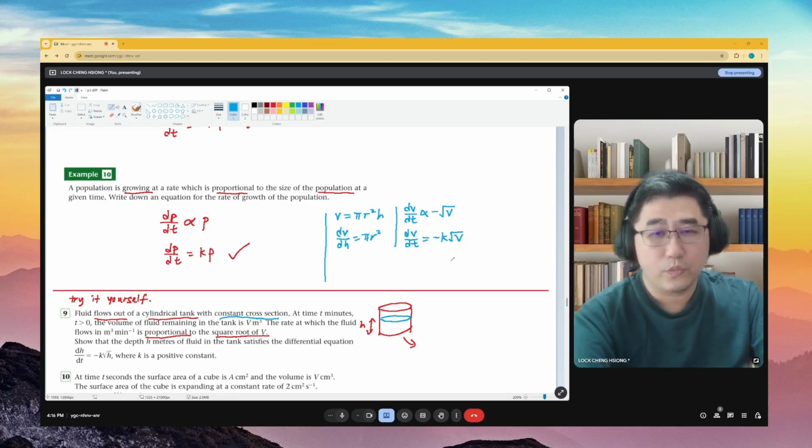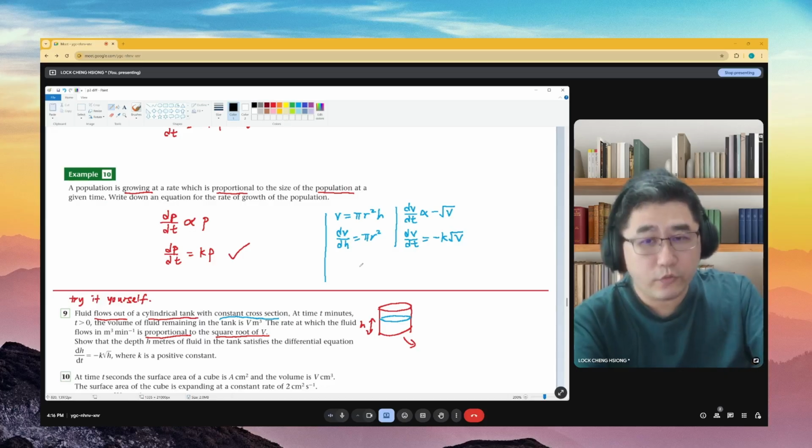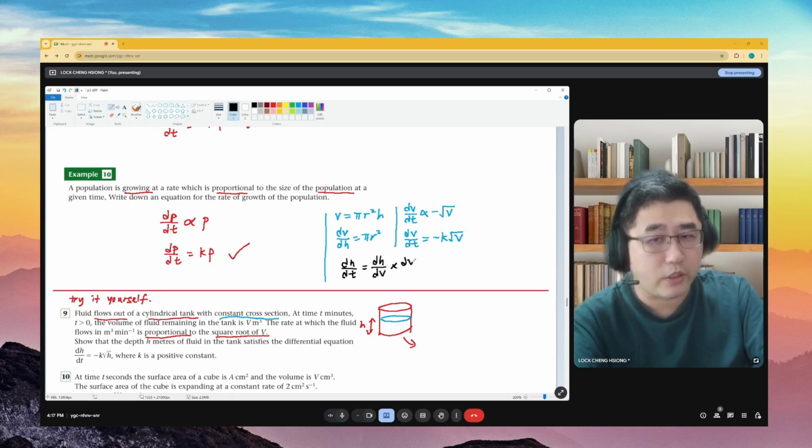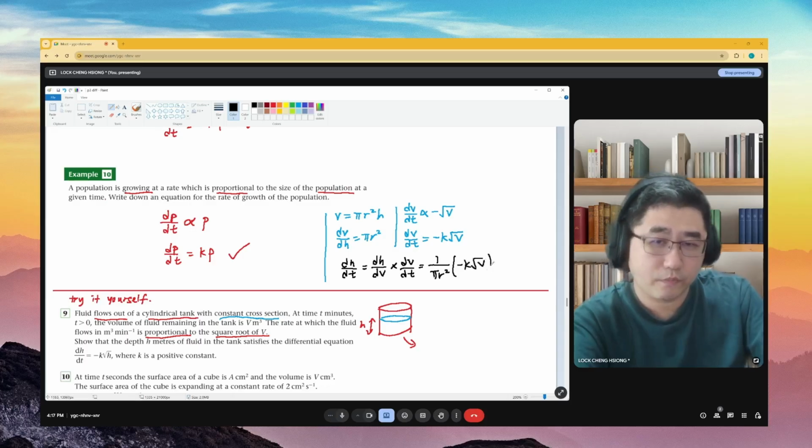Now the question is asking for dh/dt. So I use the chain rule. I have dh/dV times dV/dt. This is dV over dh, and this is dh over dV, so I put them upside down, and this one I put together like this: negative k square root V. V is pi r squared h.